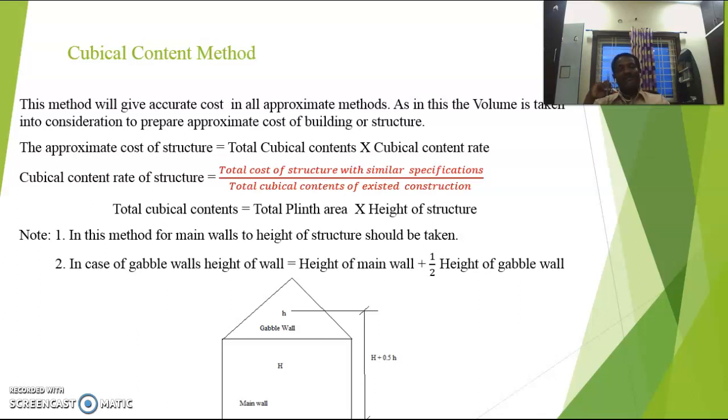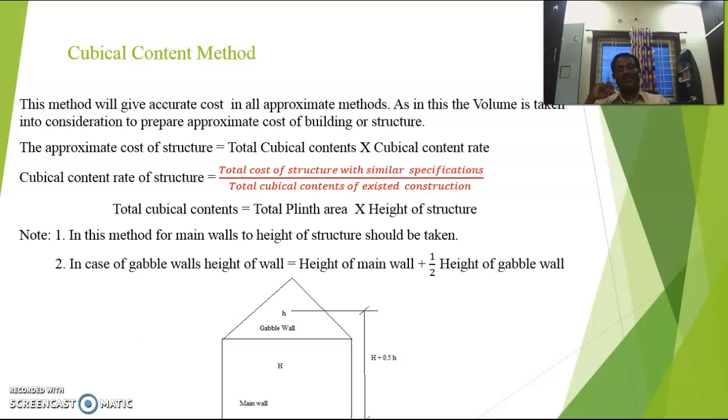So all these three methods are very important before going for getting permission from the competent authorities. These methods are also called preliminary estimates. They are called approximate. Why? Because these methods use an approximate idea of the cost of the structure. Why preliminary? Because these estimates are prepared before taking up the total project.